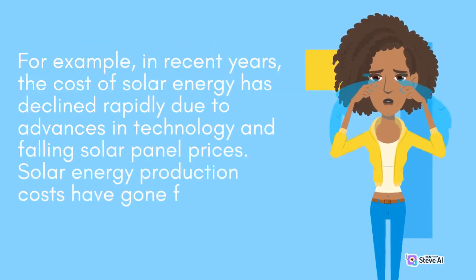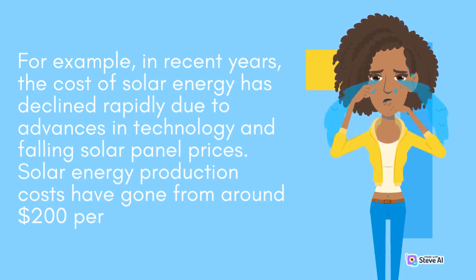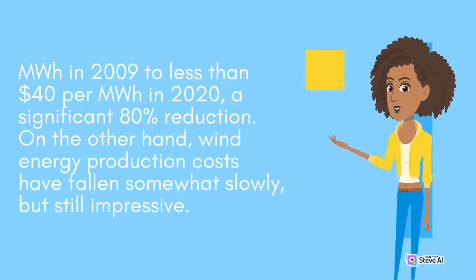For example, in recent years, the cost of solar energy has declined rapidly due to advances in technology and falling solar panel prices. Solar energy production costs have gone from around $200 per MWh in 2009 to less than $40 per MWh in 2020, a significant 80% reduction. On the other hand, wind energy production costs have fallen somewhat slowly, but still impressive.